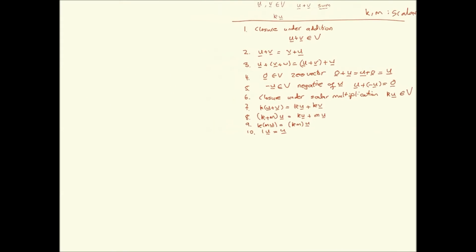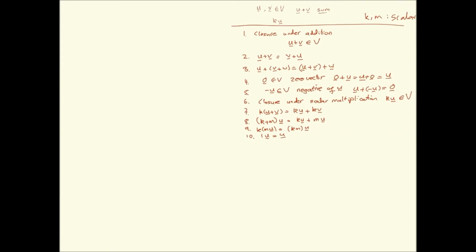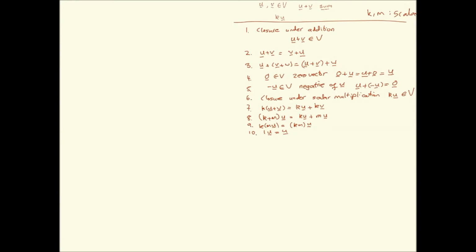That I want to use, and I'll keep the axioms here, is the familiar Euclidean vector spaces. The Euclidean vector space, the Rn vector space, would cover all of them.